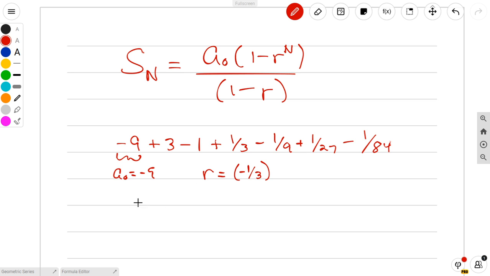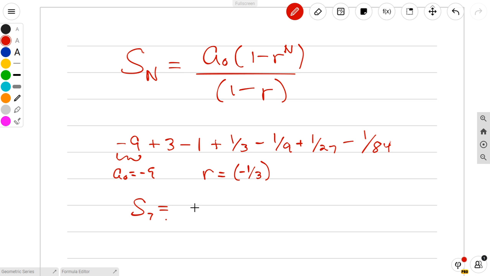Then we could find this partial sum, s sub n, where n in this case is equal to what? How many terms? 1, 2, 3, 4, 5, 6, 7. We've got 7 terms here? Yeah. So this is the 7th partial sum, right?